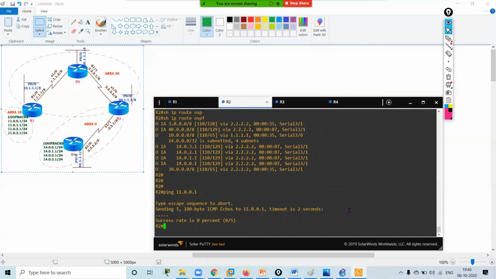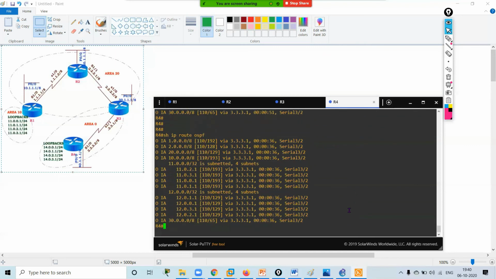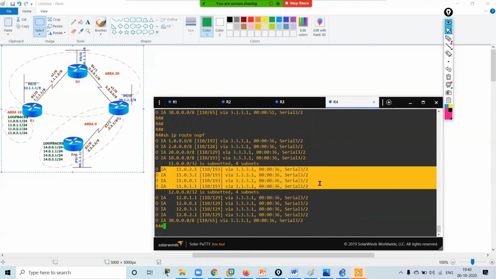If I check on R4, show ip route ospf, now here you can see I am getting the 11 dot network as my OIA routes. Understood? So you create the virtual link between R1 and R3, and you ran those commands on both, right?